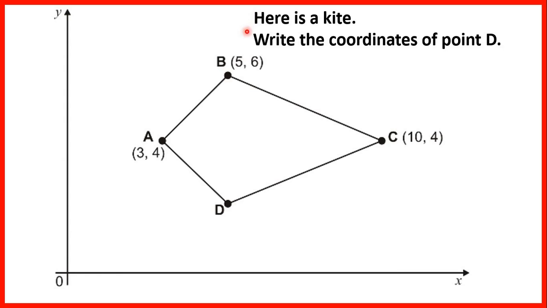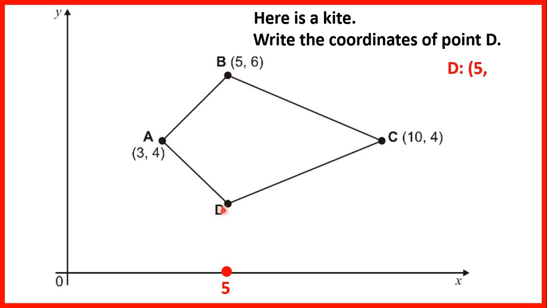Here is a kite. Write the coordinates of point D. So we need to write the coordinates of this point here. And remember, the first coordinate we write is our x coordinate. So D is in line with B, which has an x coordinate of 5. So the x coordinate of D will be 5 as well, because we can see that this is in line.